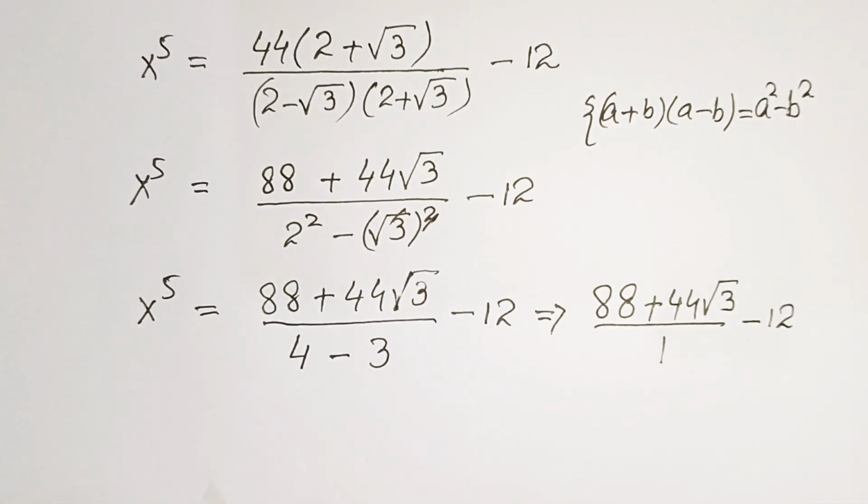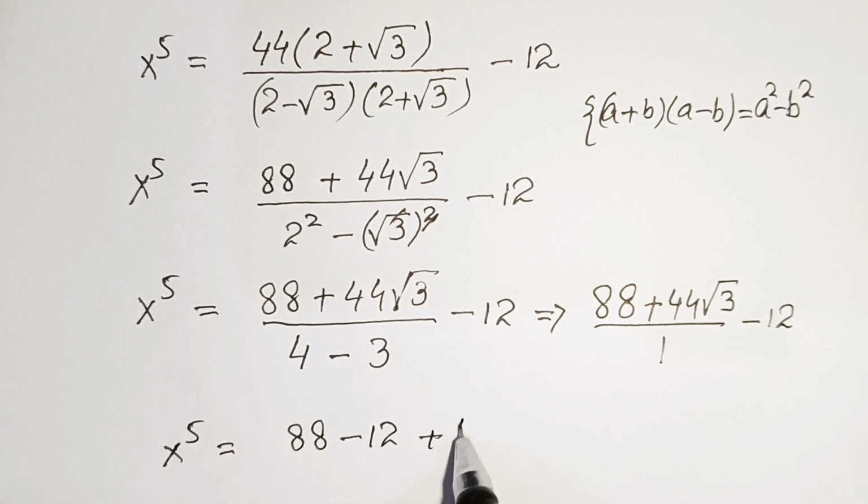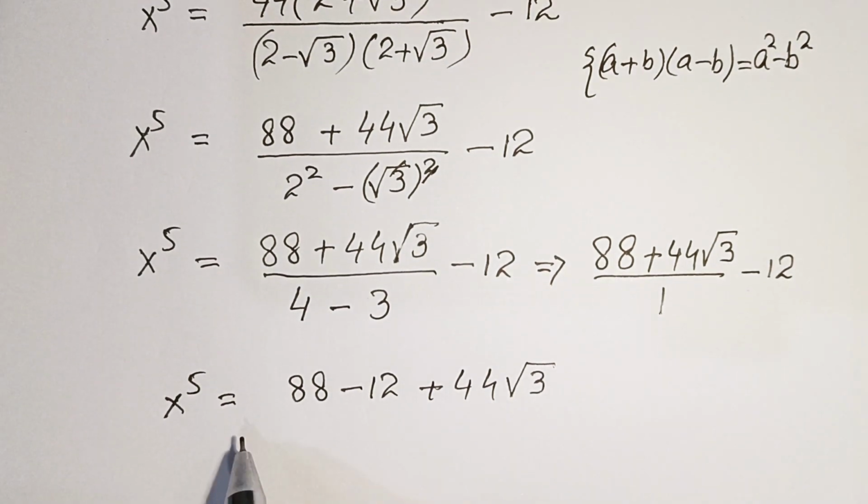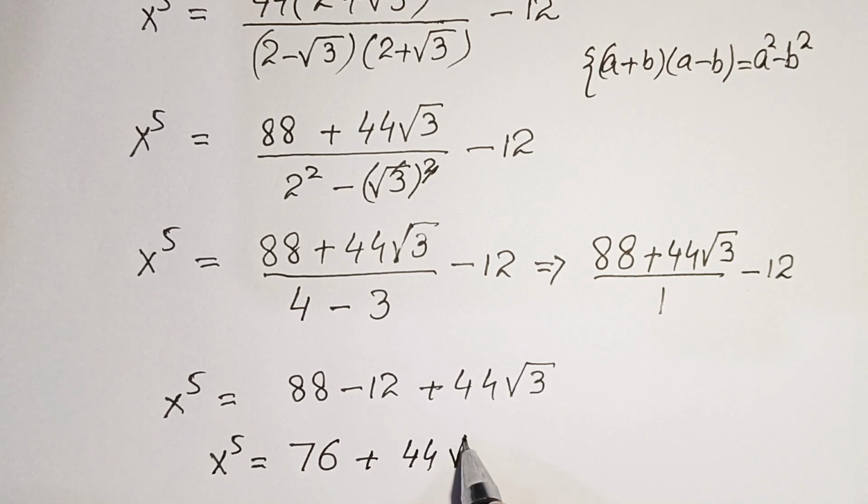So now x to the power 5 is equal to 88 minus 12 plus 44 times square root of 3. So 88 minus 12 we get 76. Hence x to the power 5 is equal to 76 plus 44 times square root of 3.